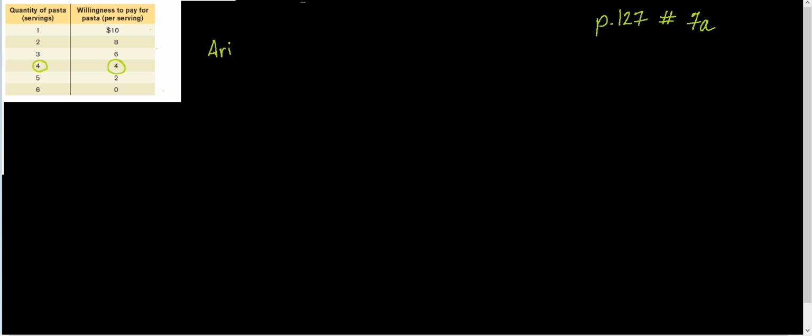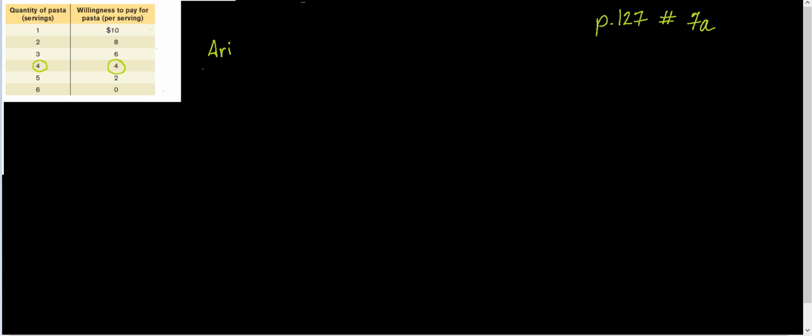So now, let's imagine that you are a seller, and you have 4 bowls of pasta to sell, and you want to know what price you need to set these servings at so that you can get rid of them all.